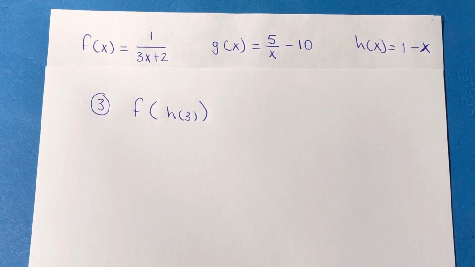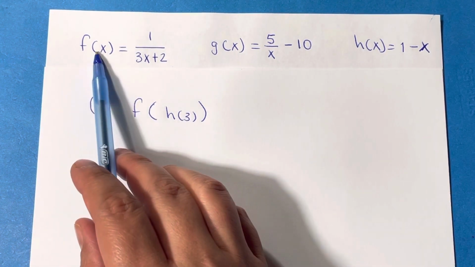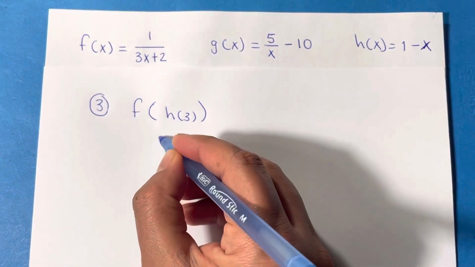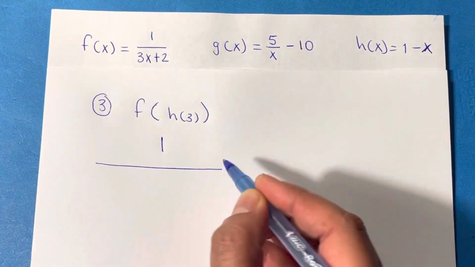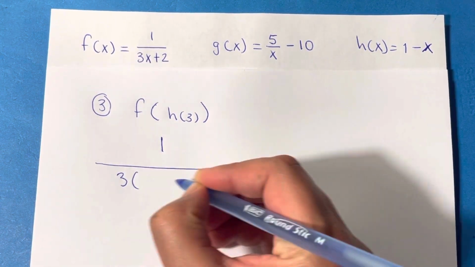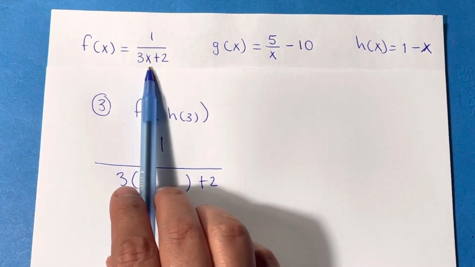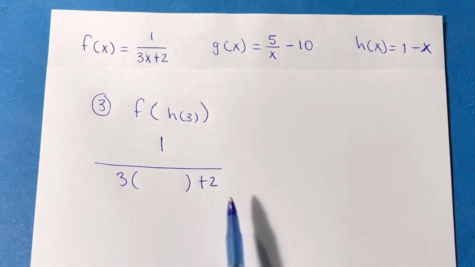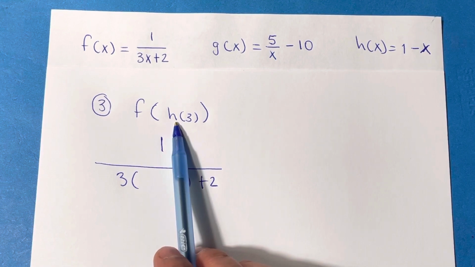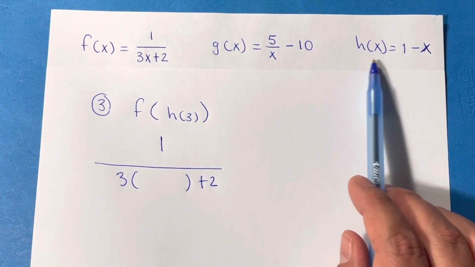Let's see. So for f of x, we have 1 over 3 parentheses plus 2. Then we go to the next function, the one that goes inside, which is the function h of x.